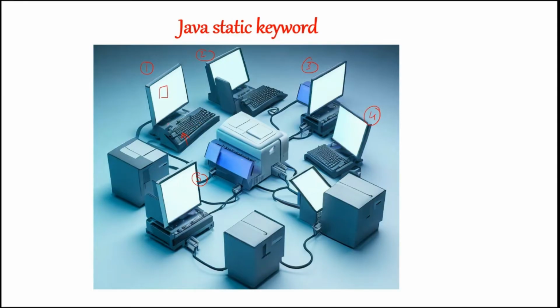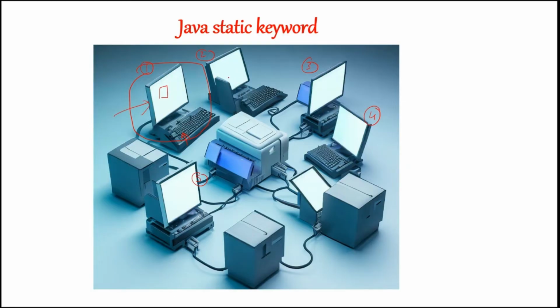Inside this, obviously, it must have a RAM, and it must have a CPU also. So it belongs to the instance of that particular object. So all the properties, all the variables, all the members are specific to objects.